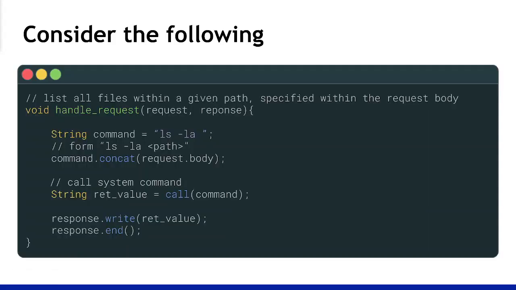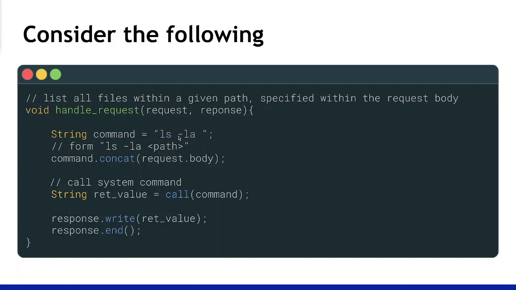So with this, we can also consider some pseudocode as to how this server works. Once the server retrieves a request, it'll handle it by calling this handle request function, and then it'll take our input, which is going to be in the request body, and append it to some command.